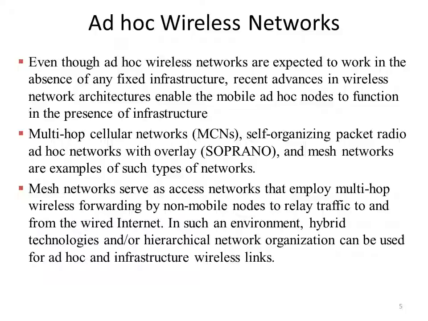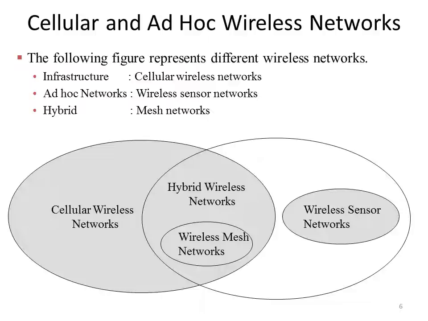Based on this, the entire networks may be of three different types: cellular wireless networks, wireless sensor networks, and mesh networks.